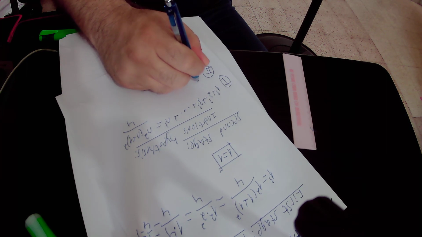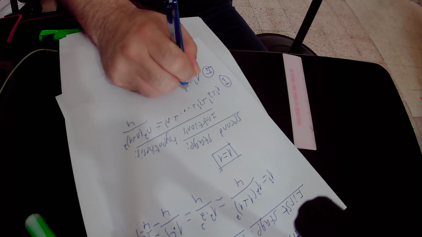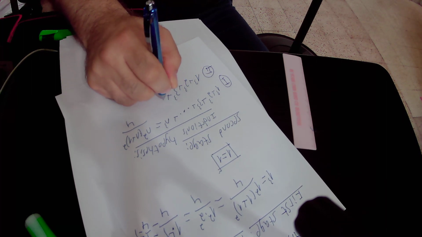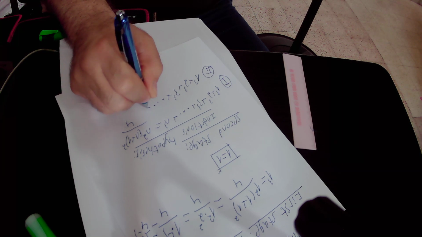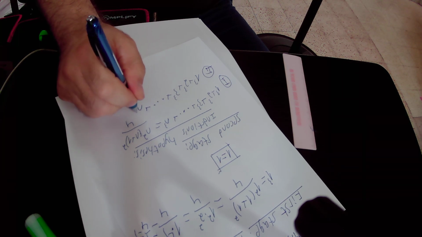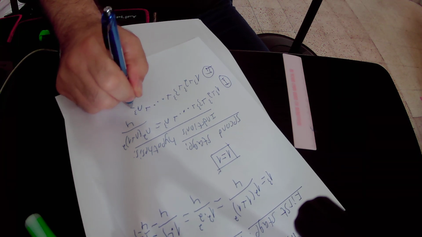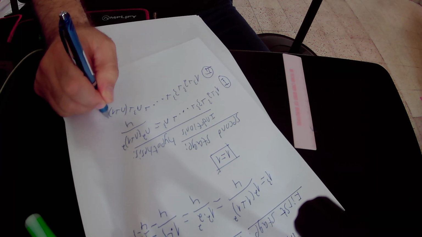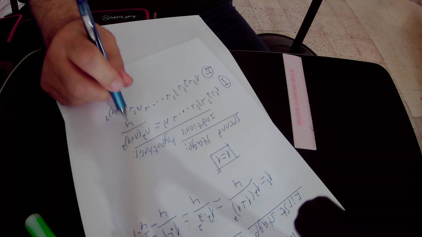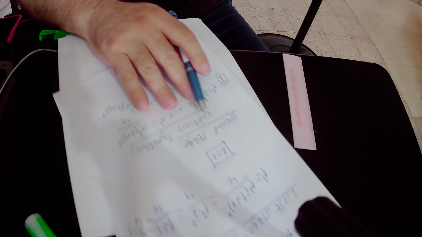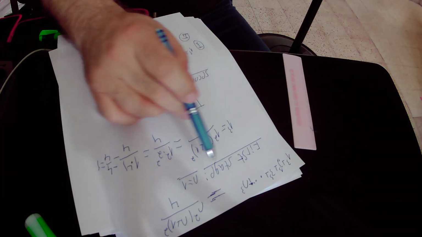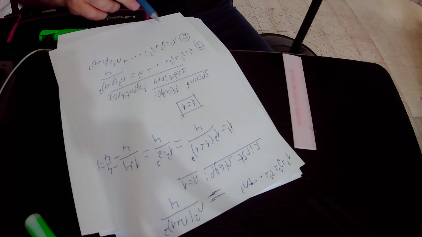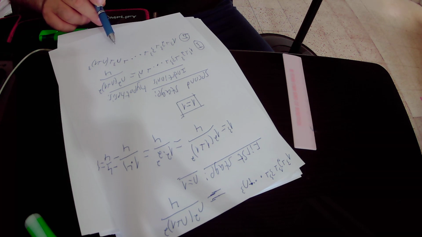So 1 to the power of 3 plus 2 to the power of 3 plus 3 to the power of 3 plus ... plus n to the power of 3 plus n plus 1 to the power of 3, because we must prove that this expression is true for n plus 1. So we will continue from 1 until n plus 1.